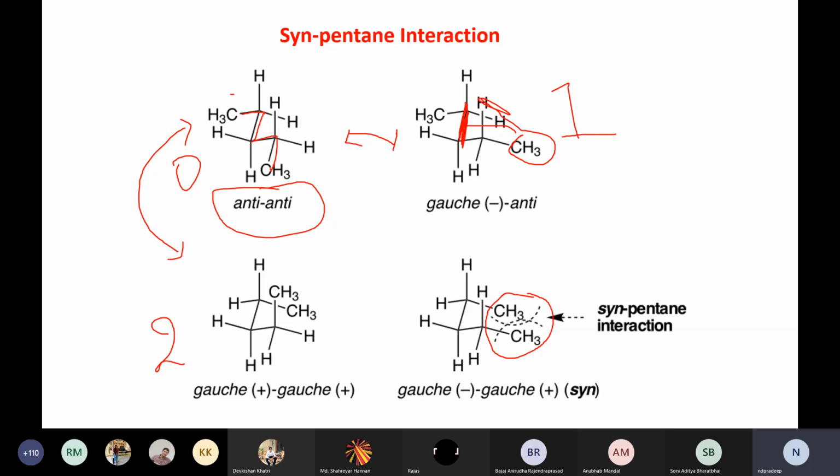The Gauge minus Gauge plus with the syn interaction will have the highest energy repulsion, and Gauge plus and Gauge plus will have second. Gauge and anti will be the third, and anti-anti will be the last one. So the least energy conformer will be anti-anti. The minimum energy conformers will be anti-anti and Gauge anti.